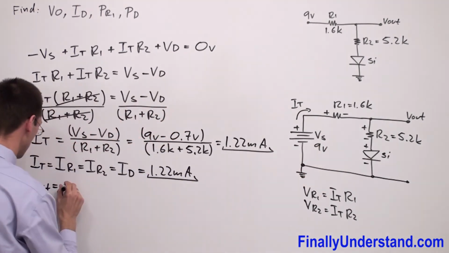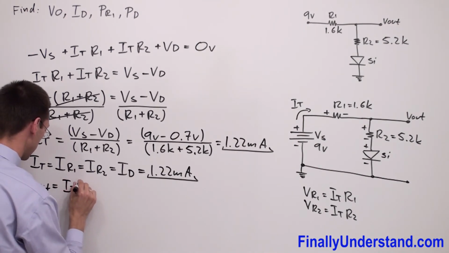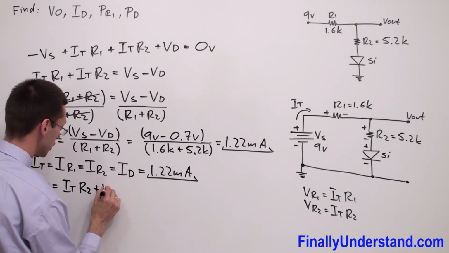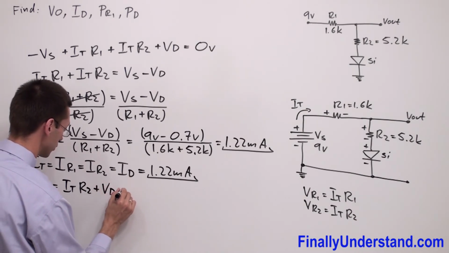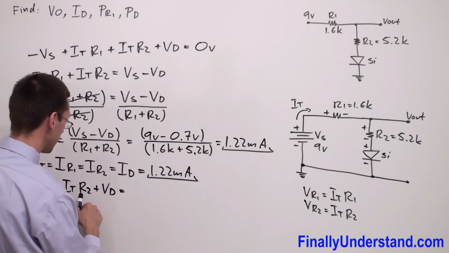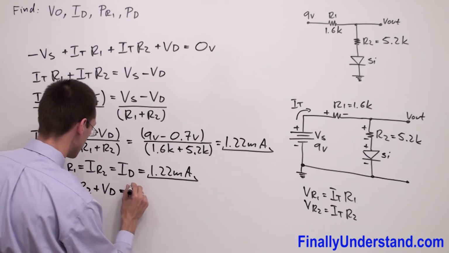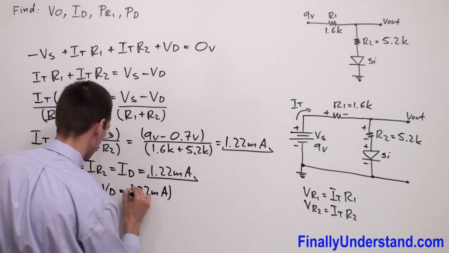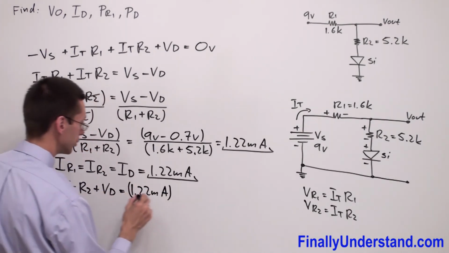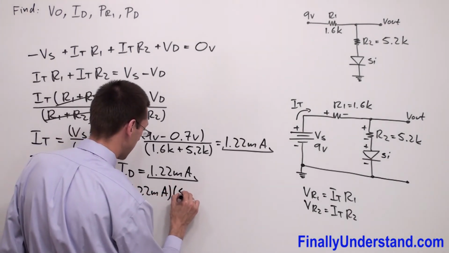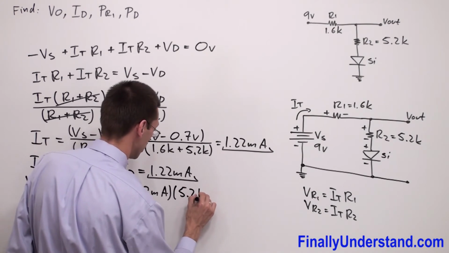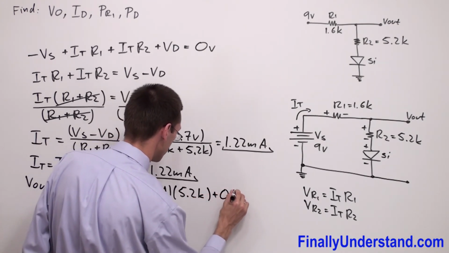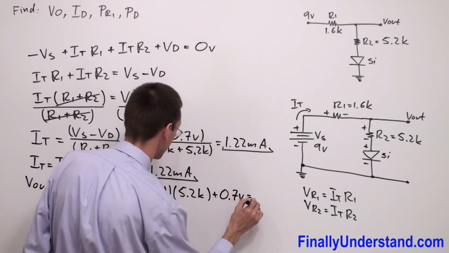I have positive I total times R2 plus voltage across the diode, where I total is equal 1.22 milliamps, times R2, which is equal 5.2 kilo ohms, plus 0.7 volts.